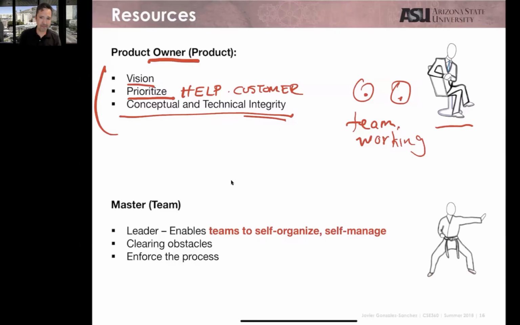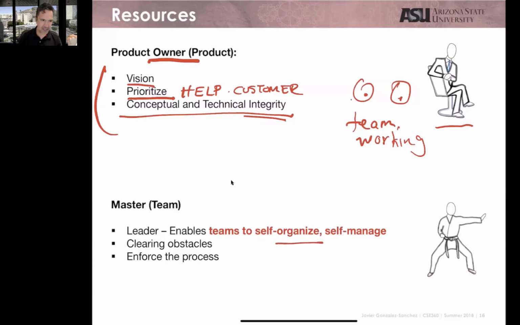Here, guys, the next element in the team that is relevant, the master. Again, I need to insist on this. It's not the boss, not the owner, not the master. There is no boss in the team. The master is the one that cares about the organization of the team.